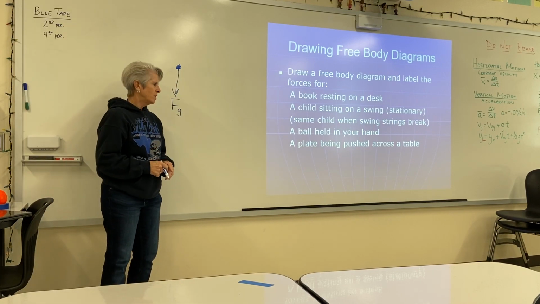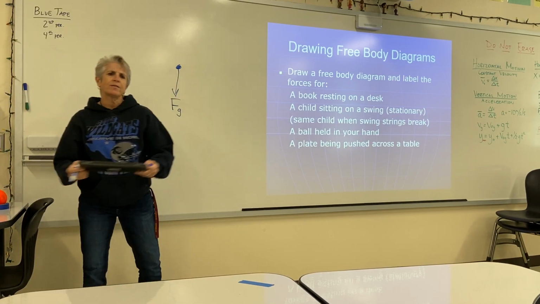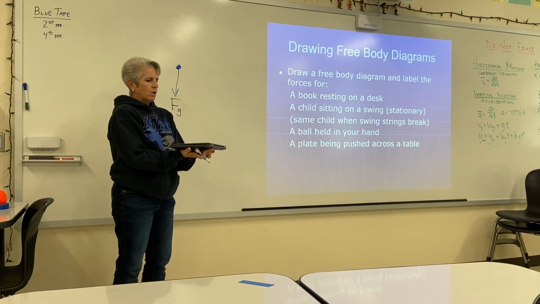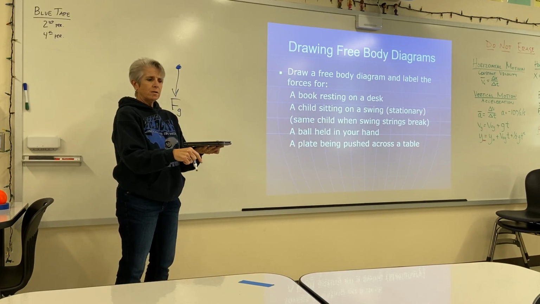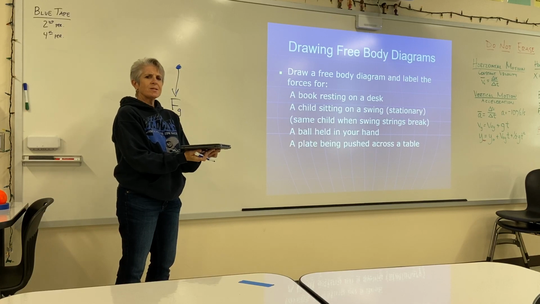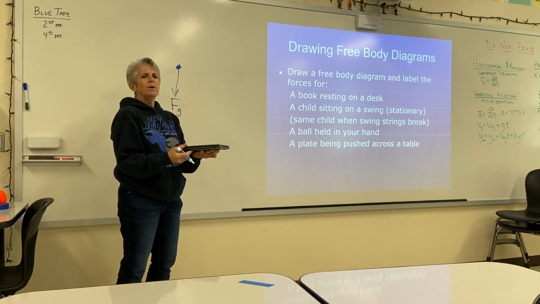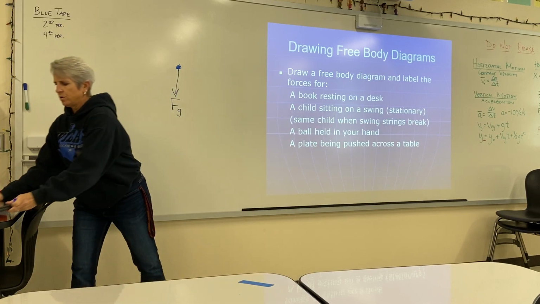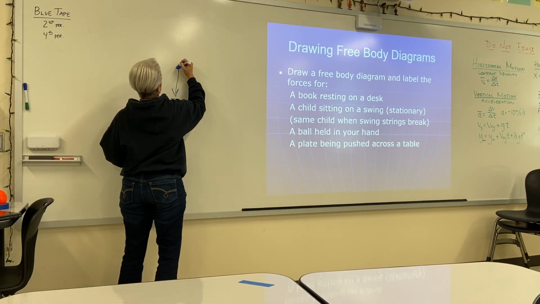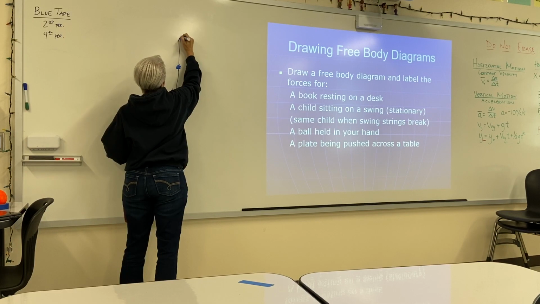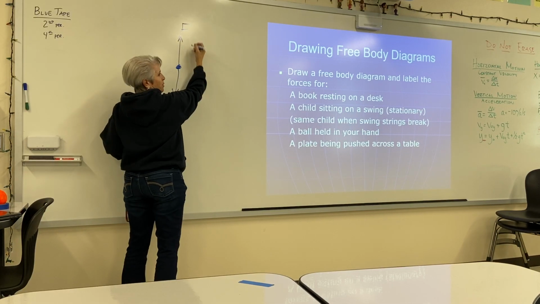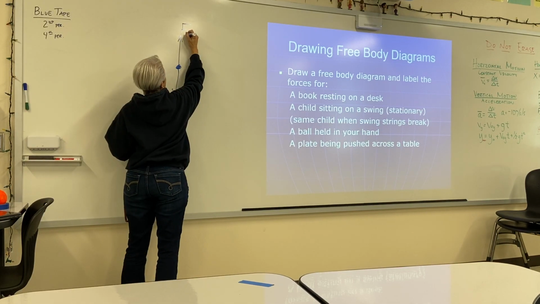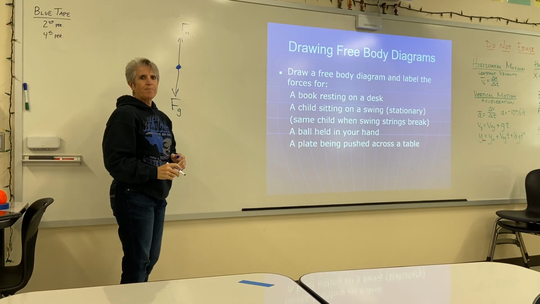That's the why. Well, what else is acting on the book? We can see gravity pushing it down. We can also see that my hands are holding it up. They're providing a support force. That's the normal force. So we would draw that force upward and label it F with a subscript N for normal.